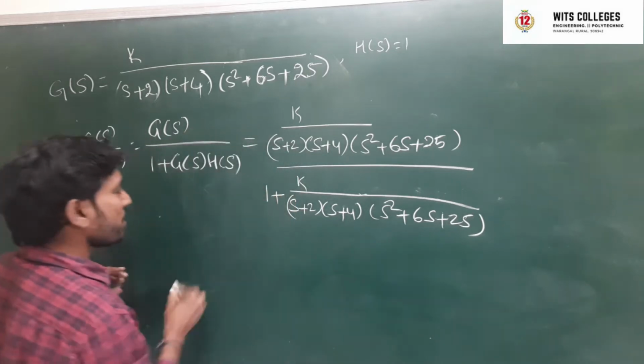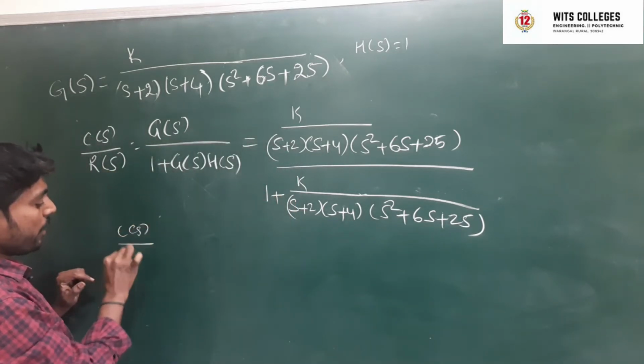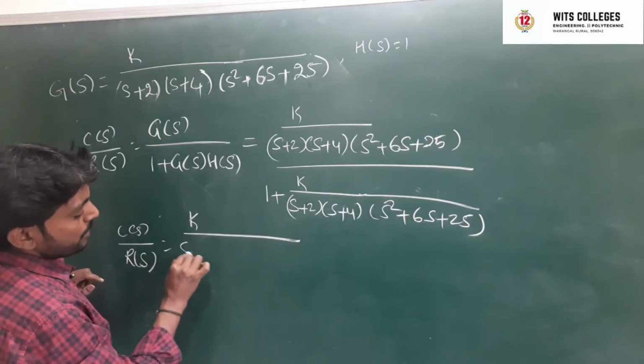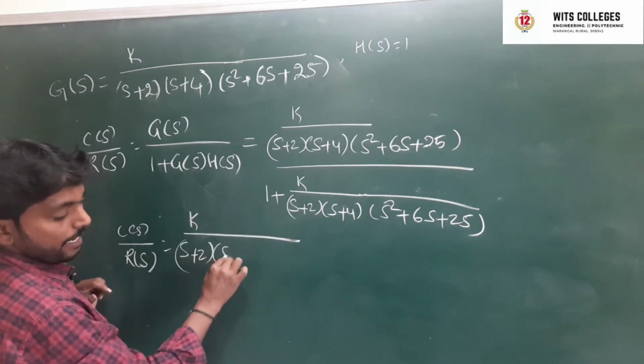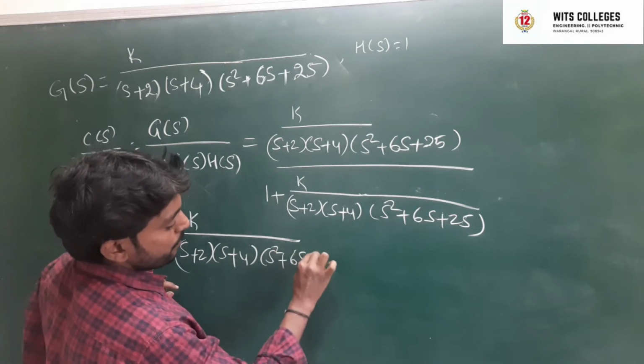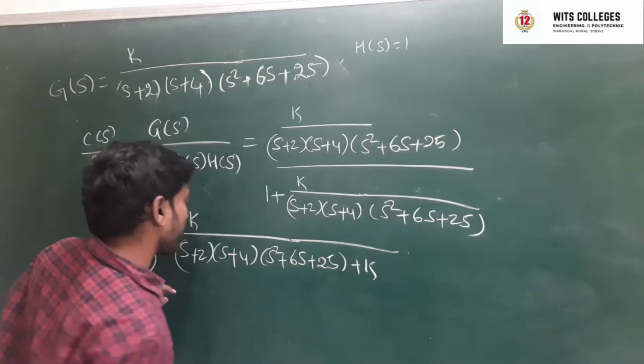By simplifying this equation, the finalized transfer function is C(s) by R(s) equal to K by (s plus 2)(s plus 4)(s square plus 6s plus 25) plus K.